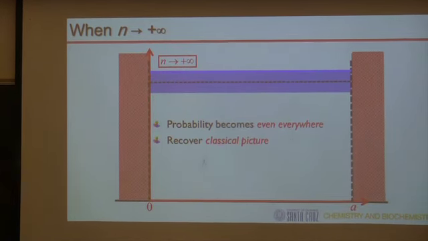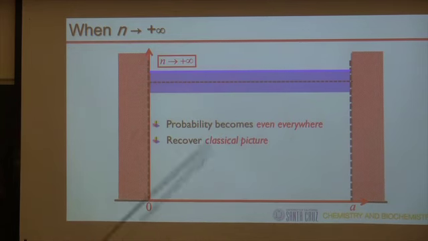So the probability becomes even everywhere, which recovers the classical picture. That's actually the bridge between quantum mechanics and classical pictures. They're connected by the n value. If n is small, it's a quantum picture. If n is large and goes to infinity, it's actually a classical picture.